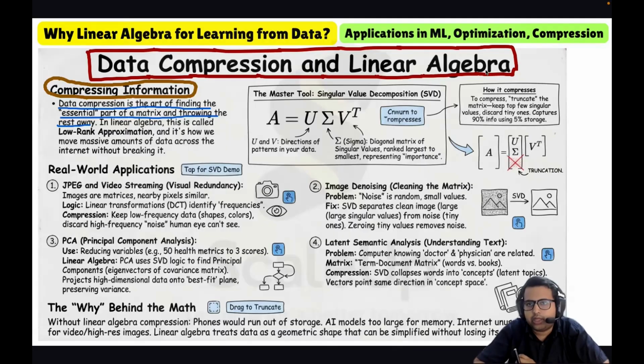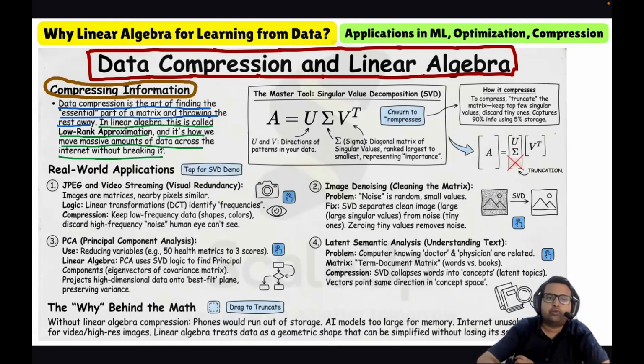Now, in linear algebra, this technique or process is called low rank approximation. And it's how we move massive amounts of data across the internet without breaking it. What we do is compress the data and then send it to the network.